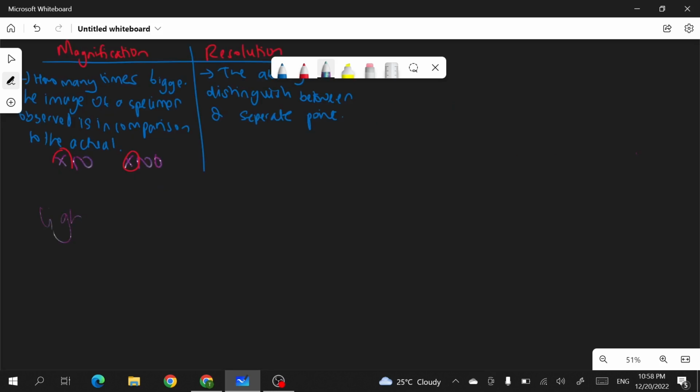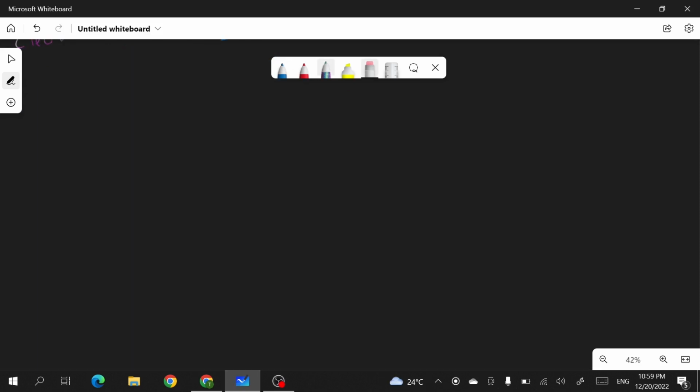So for units you have nanometers, micrometers, millimeters. You usually have your 30 centimeter clear ruler, which is in centimeters.